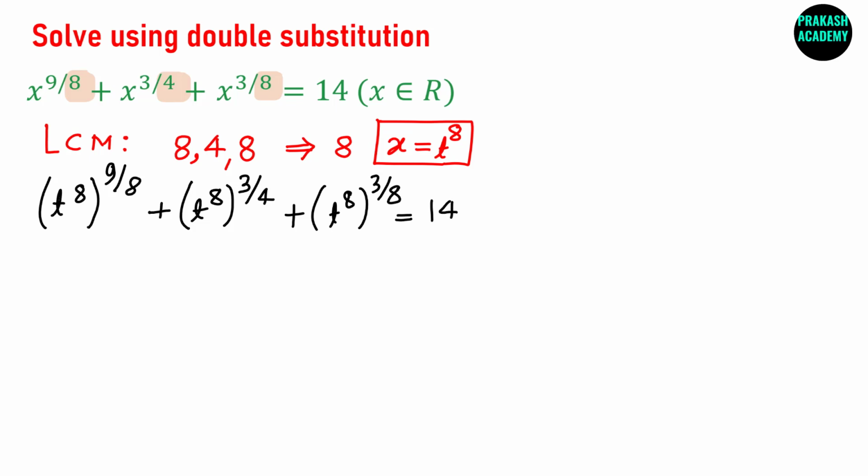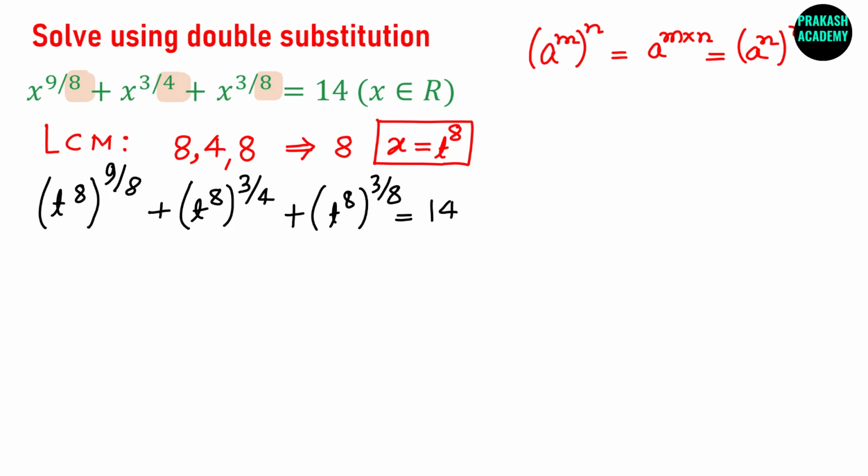Now you remember the result of exponents: if you have something like a raised to the power m and whole power n, then this can be written as a raised to the power m times n, and this can further be written as a raised to the power n, raised to the power m.